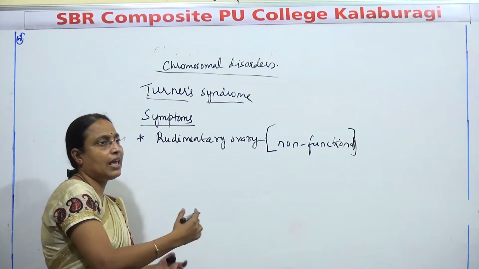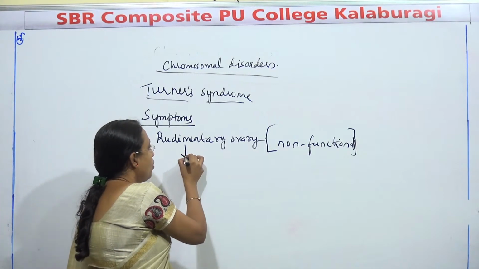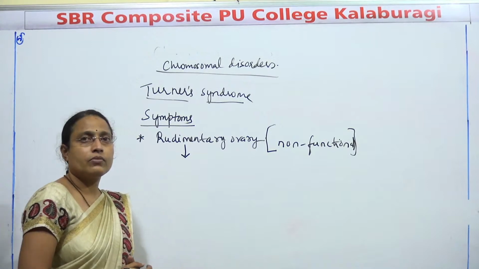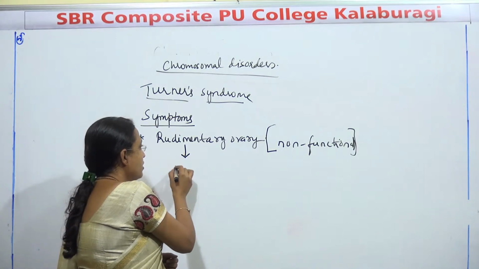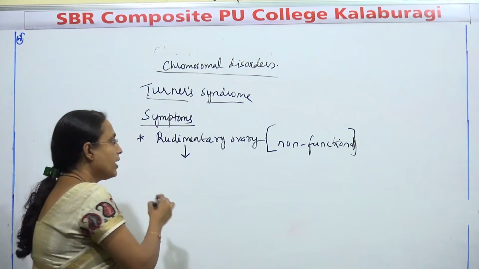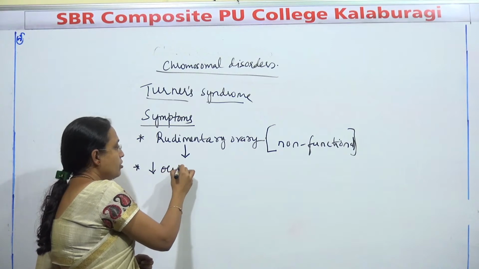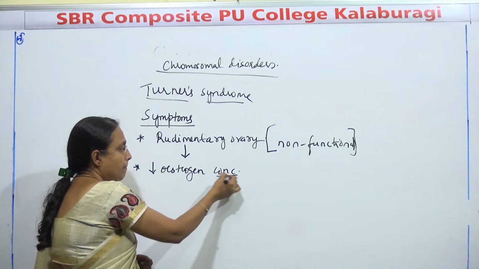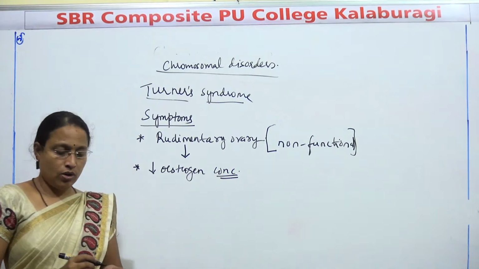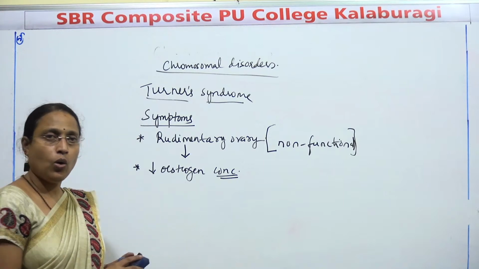Now comes the various consequences as a result. When the ovary is rudimentary, there will be decreased estrogen concentration. This is the main hormone that is secreted by the ovary.